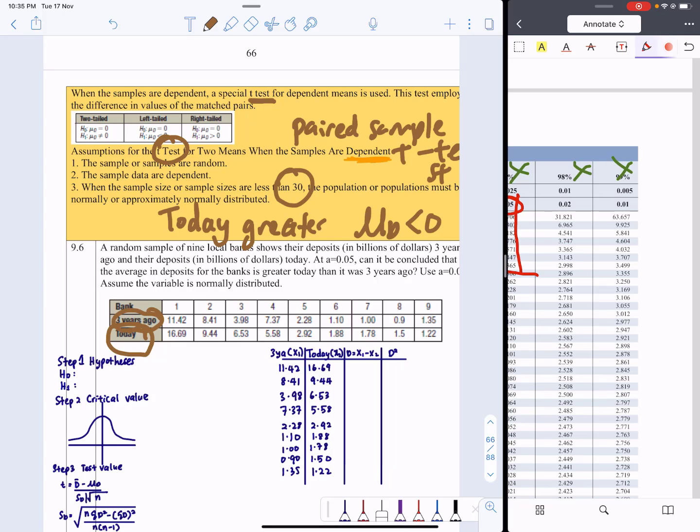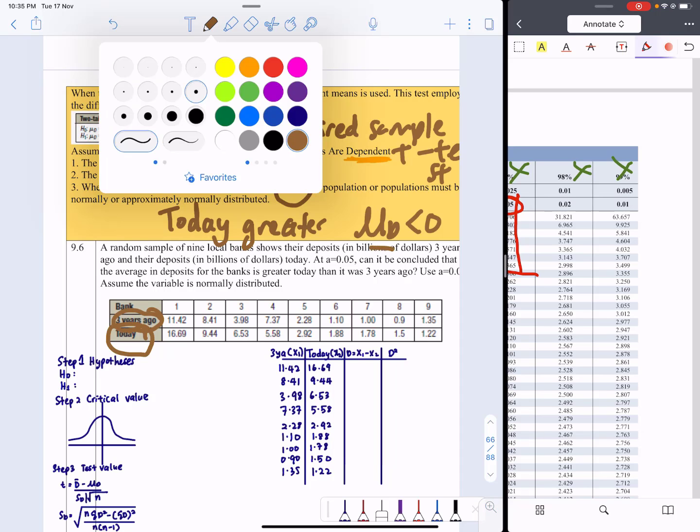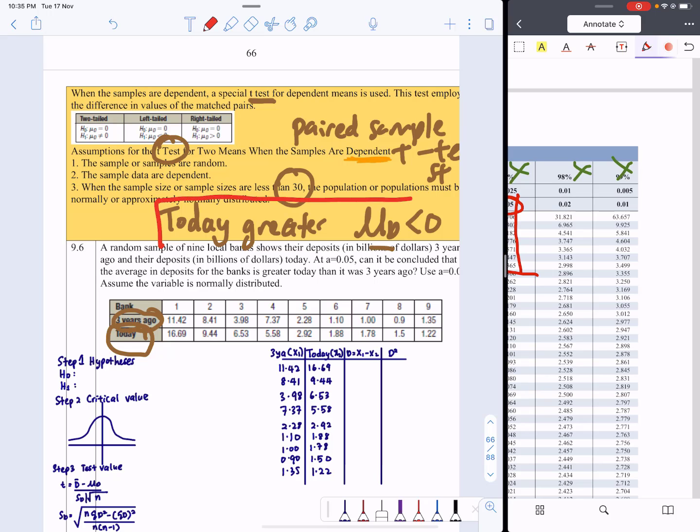Okay, and if today is less, the mean D is greater than 0. This one you need to memorize lah. If today is greater, D is this symbol. If today is less, then this symbol will change. Mean D will be greater than 0.